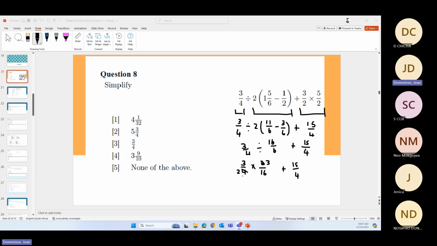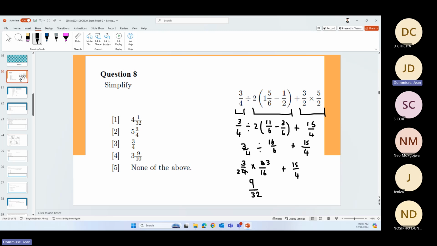Okay, so if I look at that, 3 can't go into 16. So I'm actually stuck now with 3 times 3, which is 9, over 2 times 16, which is 32. Okay, so now suddenly my answers from something over 4 might be turned around into something over 32.